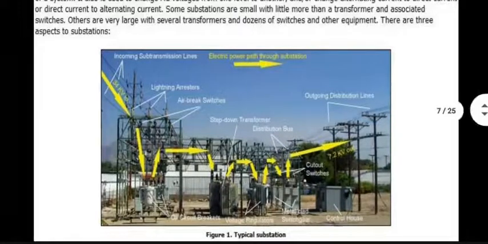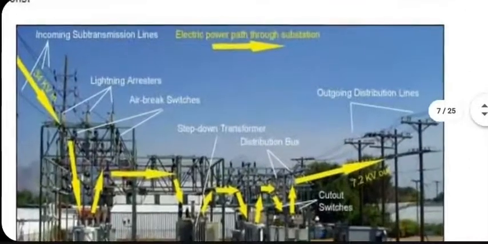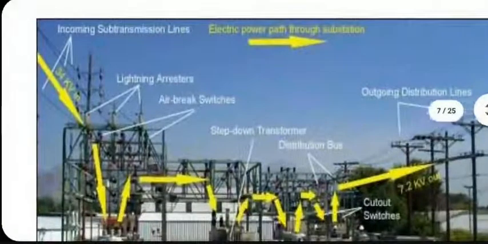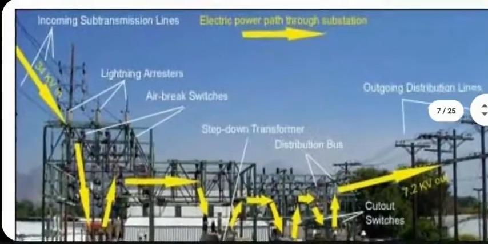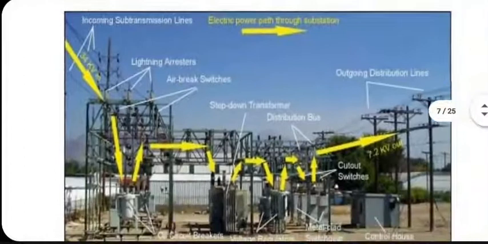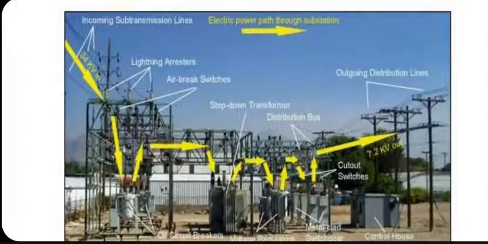Lot of components. Switches, lightning arresters, these are all protection devices. They help in avoiding the undesirable effects of faults, whether created by nature or by some other sources.